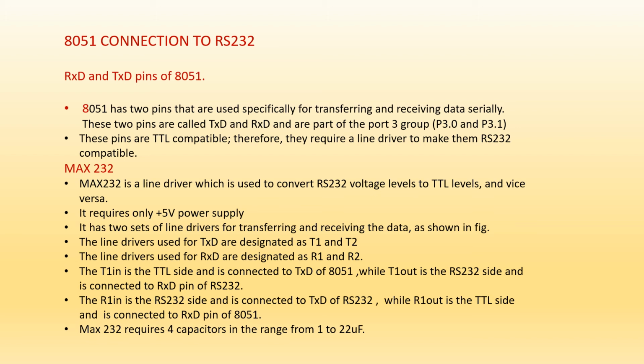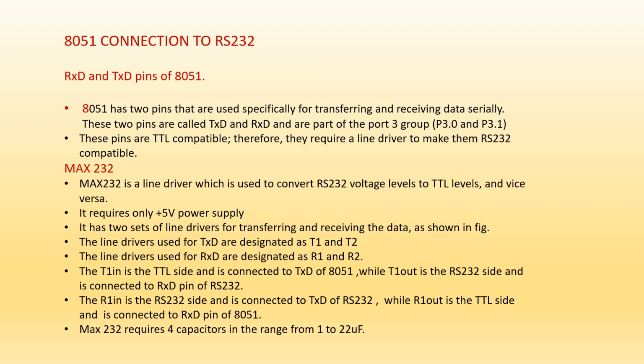The line driver used is called the MAX232, or we can also use the MAX233. First we'll see about the MAX232. The MAX232 is a line driver, also called a voltage converter, which is used to convert RS-232 voltage levels to TTL voltage levels and vice versa.